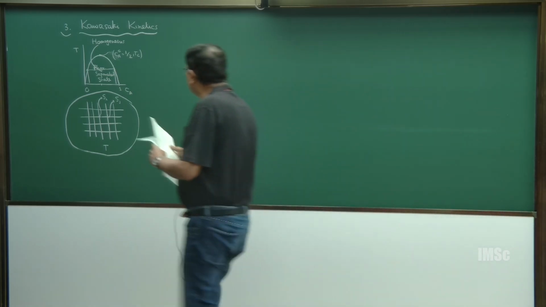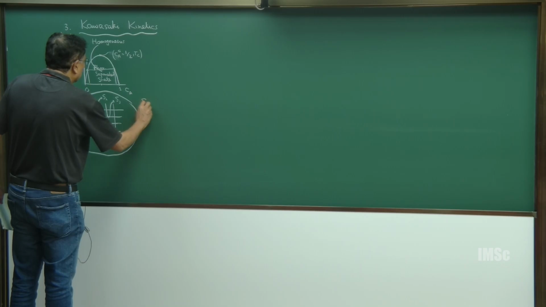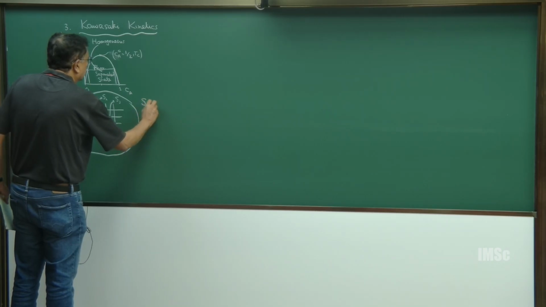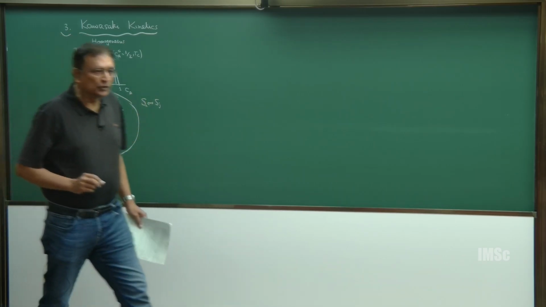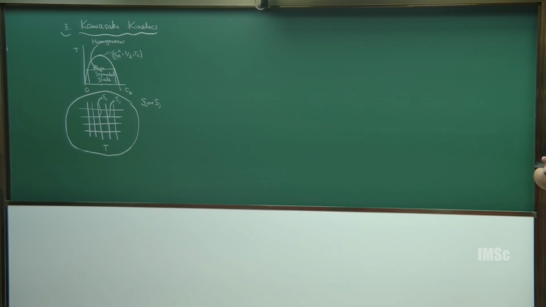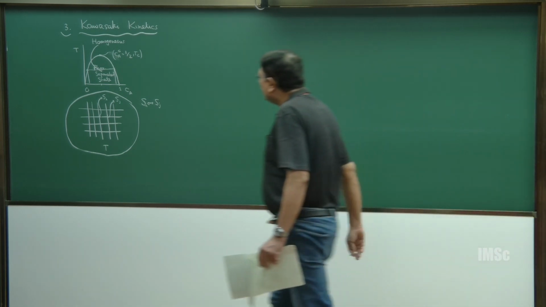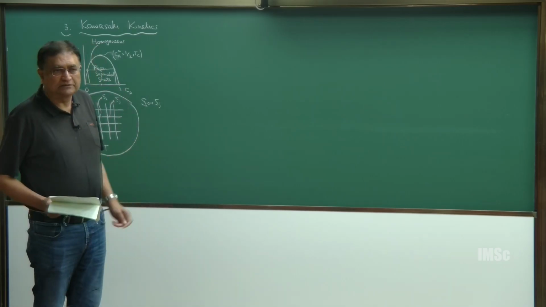Kawasaki proposed that the simplest choice would be an interchange of nearest neighbor pairs Si and Sj. Glauber had spin flip kinetics; this is now spin exchange kinetics, where you just interchange Si and Sj from nearest neighbor sites.